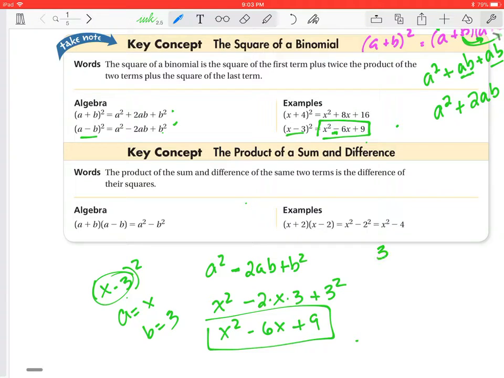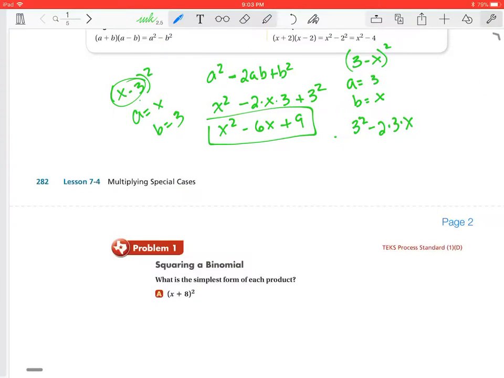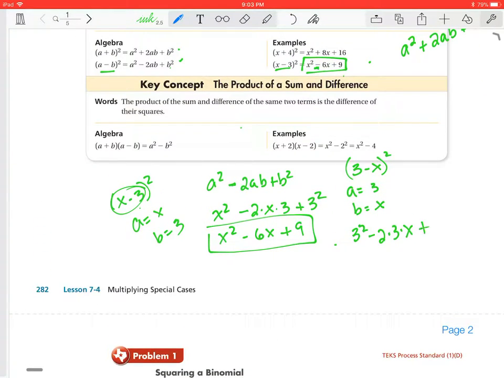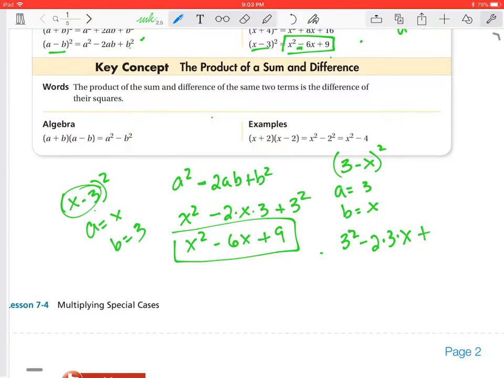So we have 3 minus x, and we're going to square that. So in this case, my a value is equal to 3. My b value is equal to x. All right. So now I'm going to write 3 squared minus 2 times 3 times x, plus my b value squared.